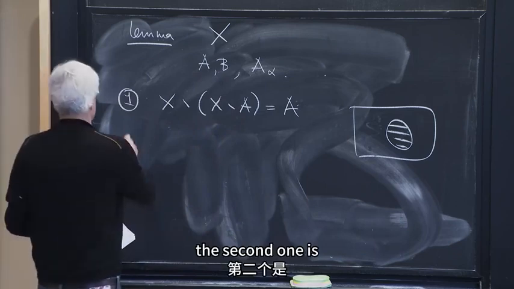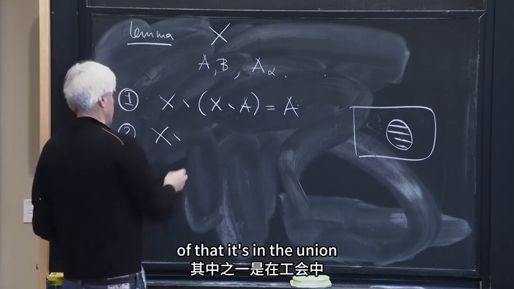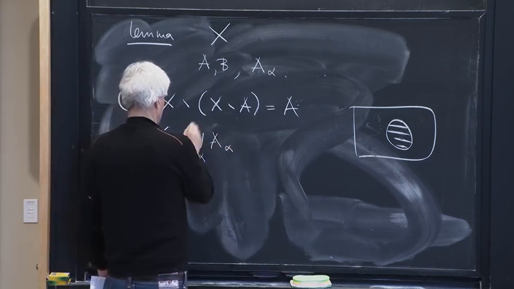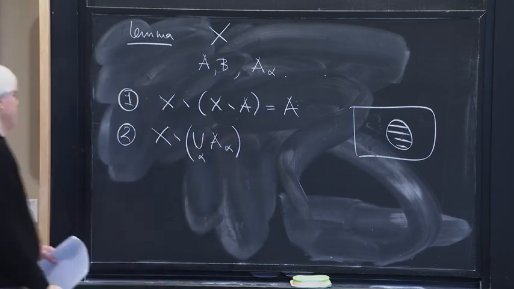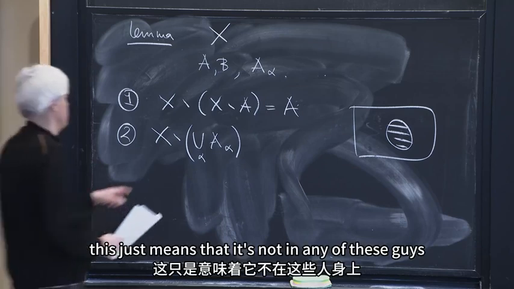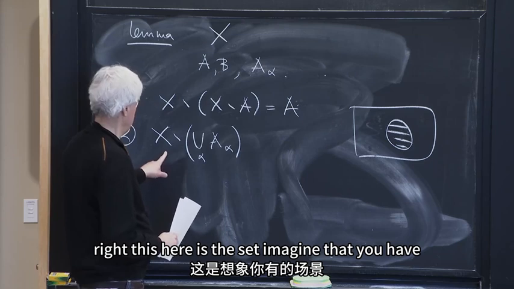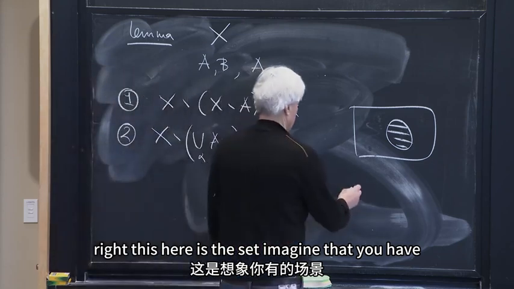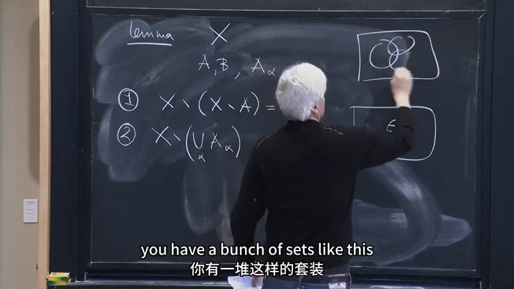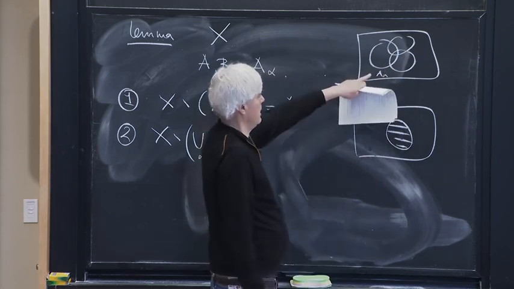The second one is that if you take the complement of the union of these guys, if it's not in the union, this just means that it's not in any of these guys. Imagine that you have a bunch of sets like this, which are supposed to illustrate the A alphas.